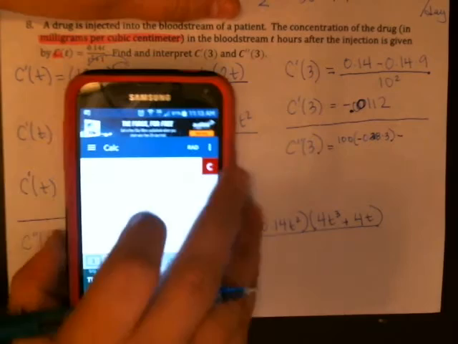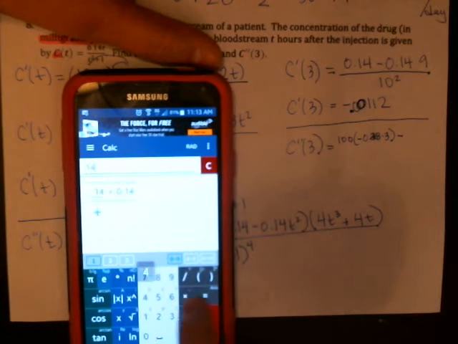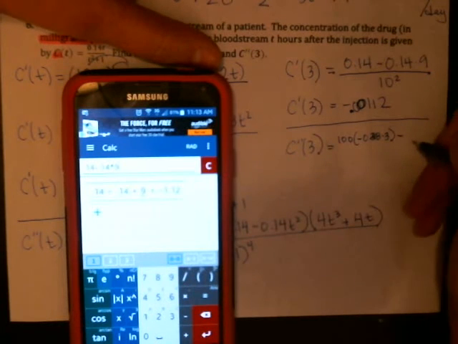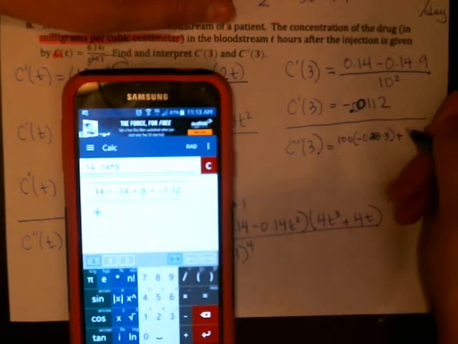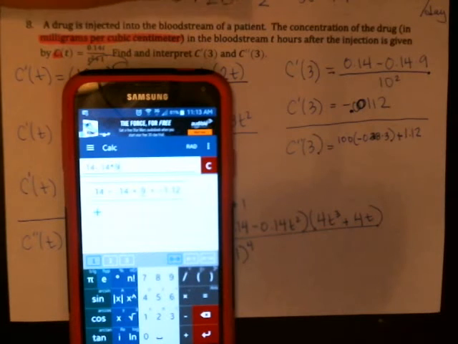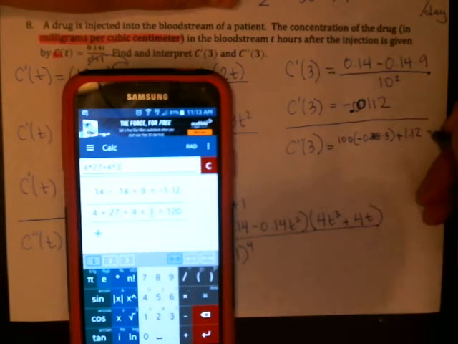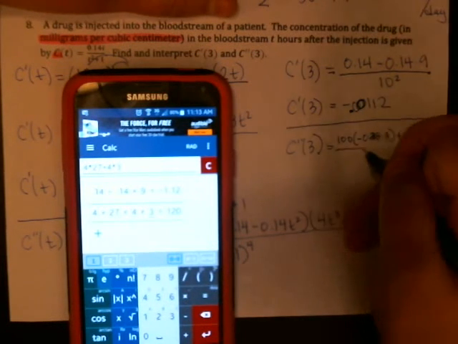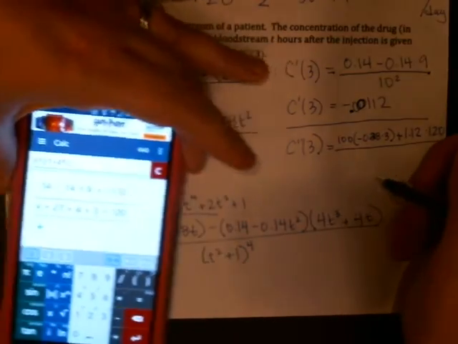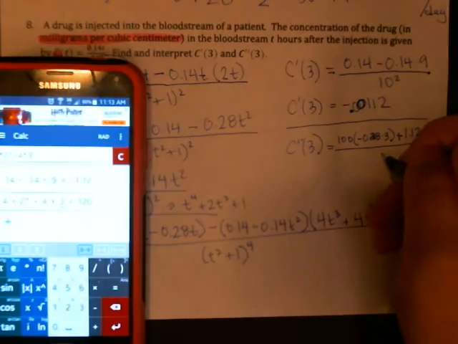We're going to do a little bit of scratch work. 0.14 minus 0.14 times 9 is negative 1.12, so this will become a plus 1.12. And then a 4 times, what am I plugging in? 3. 4 times 27 plus 4 times 3, which is 120. And that's all divided by 10 to the 4th.